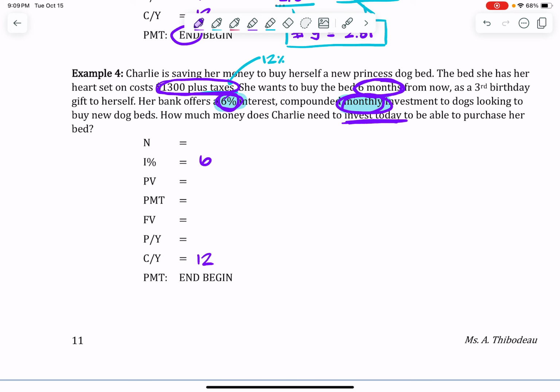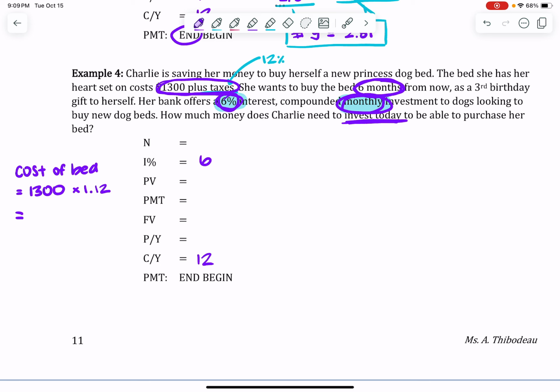Okay, now let's circle back to that $1,300 plus tax. Now I need to know how much Charlie actually needs. So the cost of the bed is $1,300 plus 12% tax. As we know and are reminded of from our design and measurement unit, that's just multiplying 1,300 by 1.12.